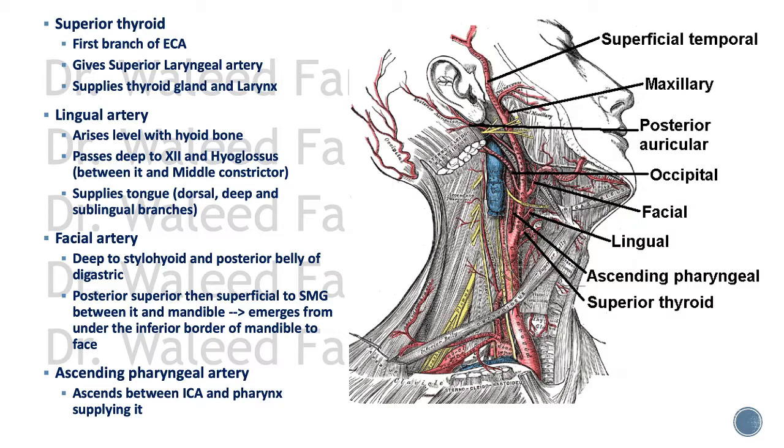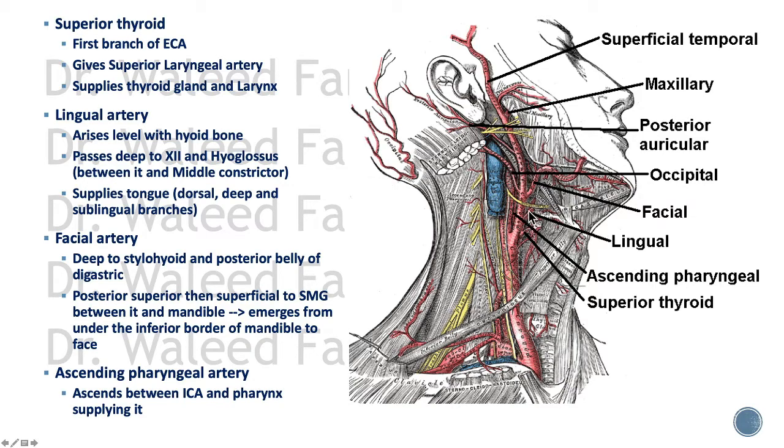Don't forget that it supplies the larynx too, because it gives the superior laryngeal artery. So expect to find an inferior laryngeal artery. Okay? Next one is the lingual artery.